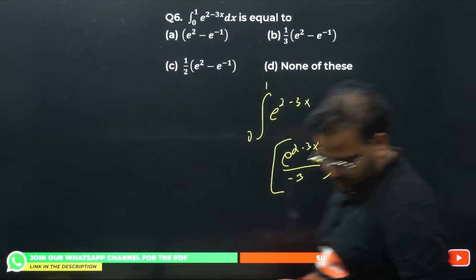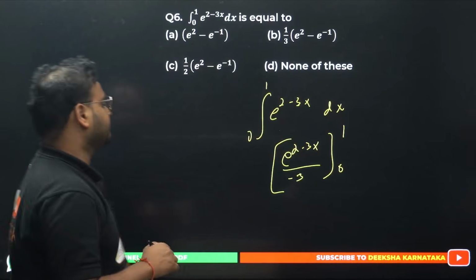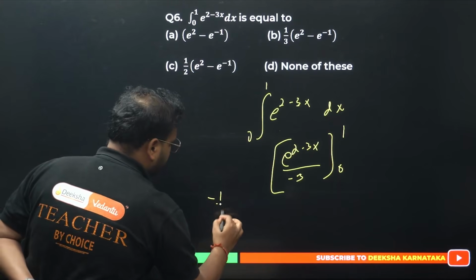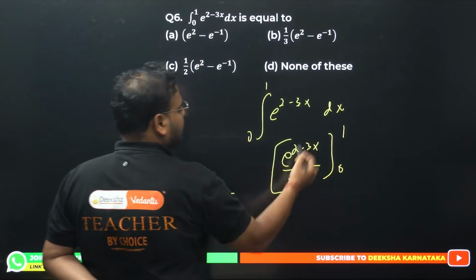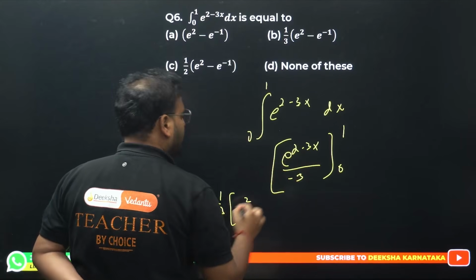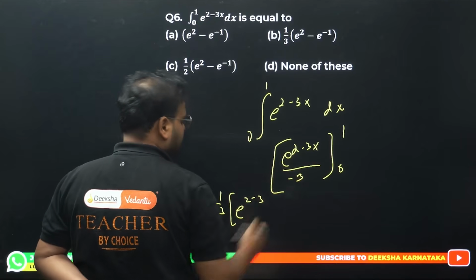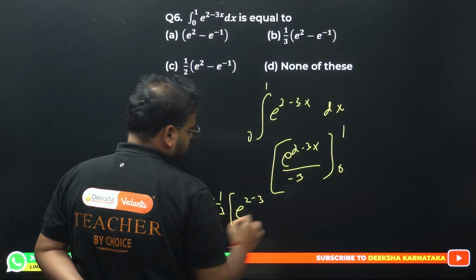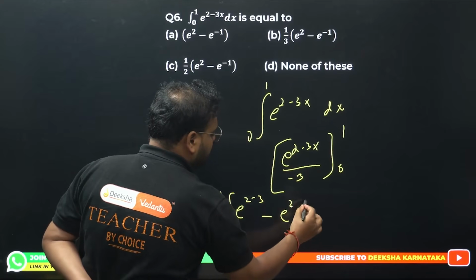Take the number outside, minus 1 by 3. Put the upper limit, e power 2 minus 3, because 3 into 1 is 3. And the lower limit will give e power 2 minus 0.